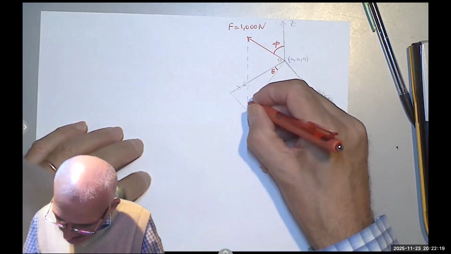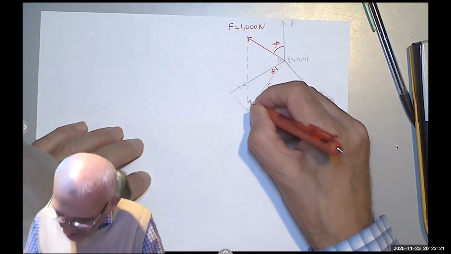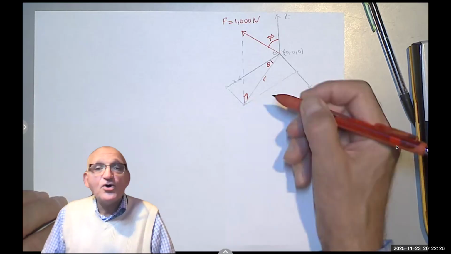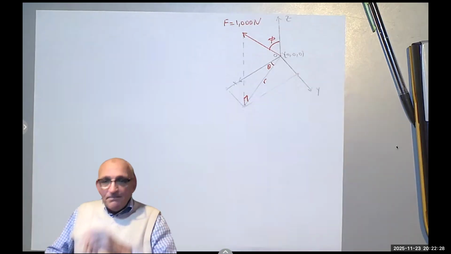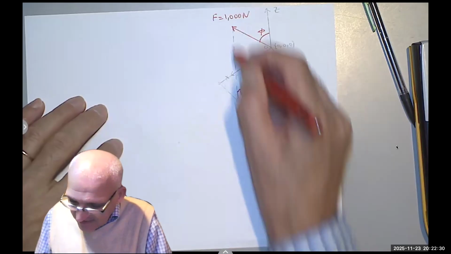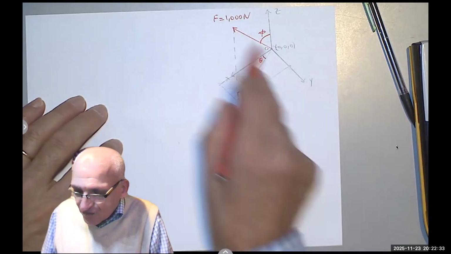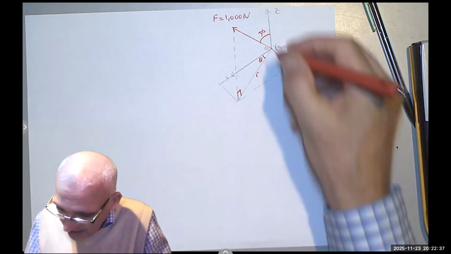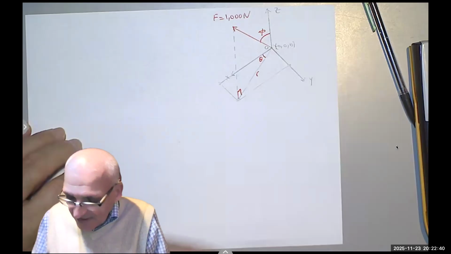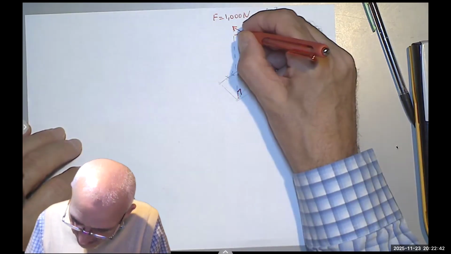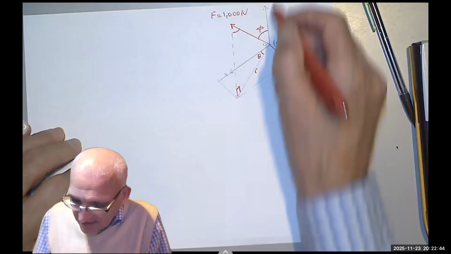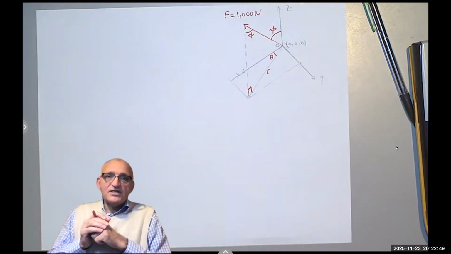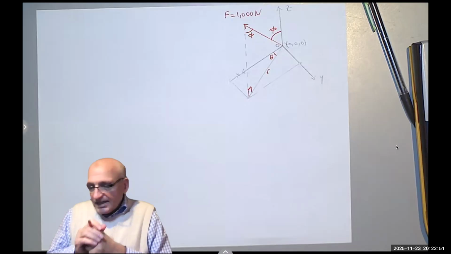So you can see, I know that it doesn't look like 90 degrees because we are plotting a 3D shape on a 2D paper. But you have to convince yourself that this is a right triangle and the force here is the hypotenuse. Okay? So if this angle is phi, it means that angle also is phi, right? Because these two lines are parallel and these are alternate interior angles. They must be congruent, right?